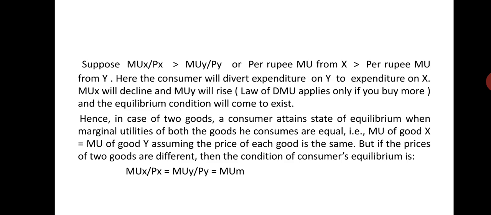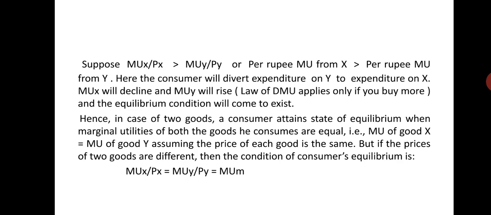When he purchases more units of X, it means marginal utility of commodity X will decline. When he purchases less units of Y, it means marginal utility of Y will rise, right? And the equilibrium condition will automatically come to exist in this case.